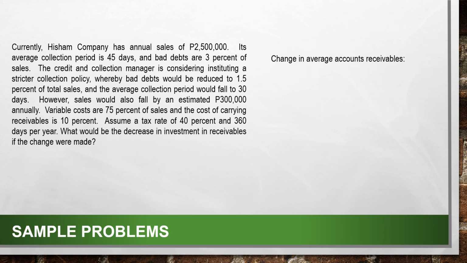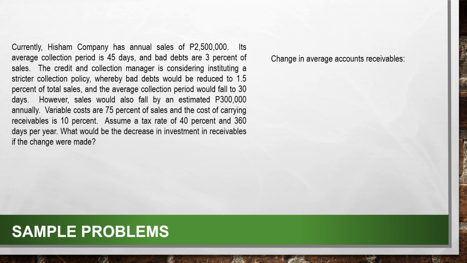Okay, so we have here our third problem. What if there is a change in accounts receivable policy? Currently, Hisham Company has annual sales of 2,500,000. Its average collection period is 45 days and bad debts are 3% of sales.